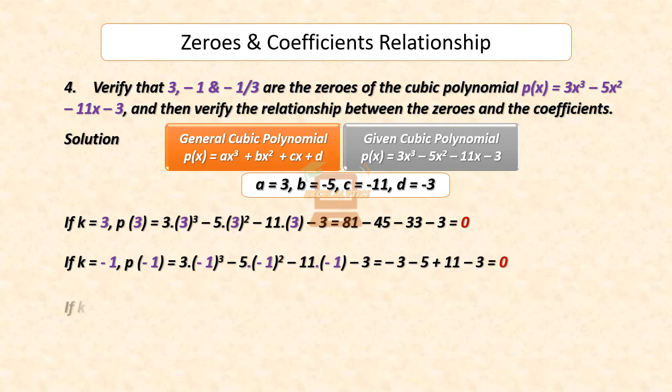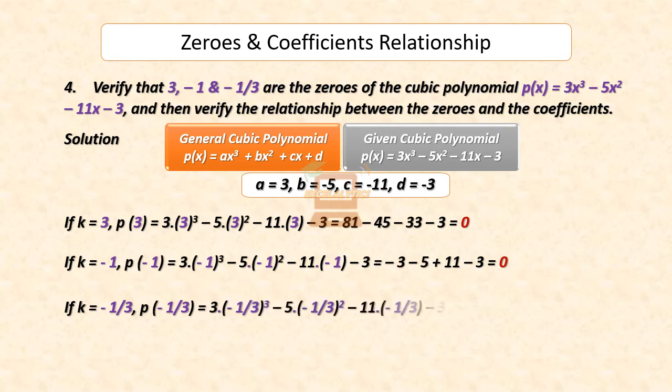When k is minus 1 by 3, p of minus 1 by 3 equals 3 times minus 1 by 3 cubed minus 5 times minus 1 by 3 squared, minus 11 times minus 1 by 3, minus 3 equals minus 1 by 9 minus 5 by 9 plus 11 by 3 minus 3, which simplifies to minus of 2 by 3 plus 2 by 3, which is 0.